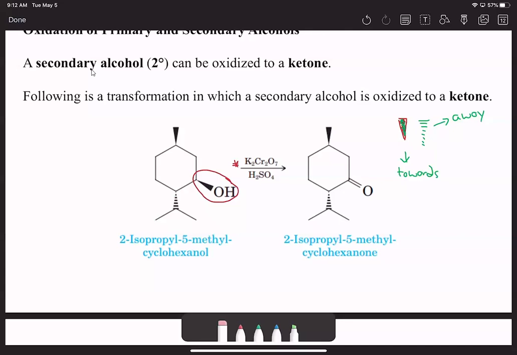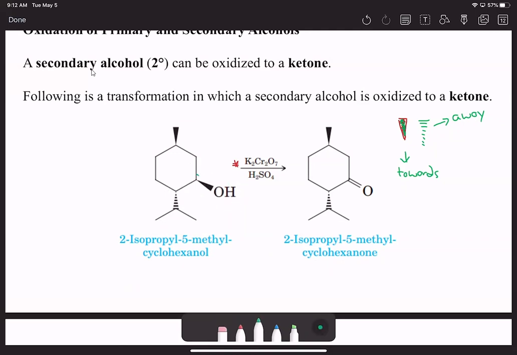So we're talking about a secondary alcohol going into a ketone. Here we have this secondary alcohol. And I know it's secondary because here's the carbon we're looking at, and it's bonded to this carbon and this carbon, making it a secondary alcohol. And it does have an imaginary hydrogen.